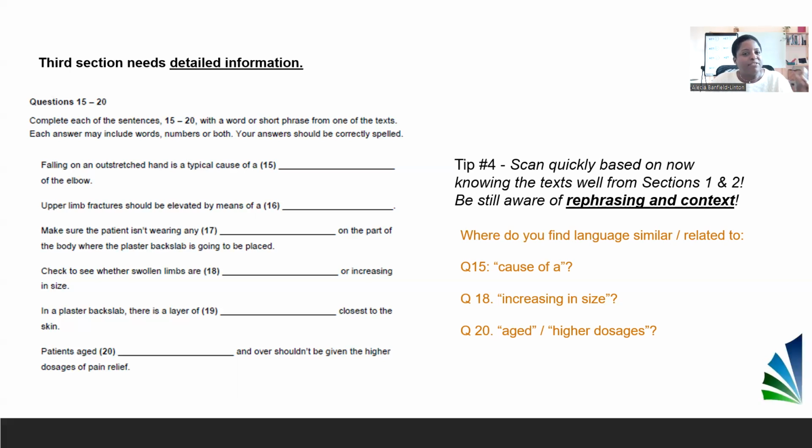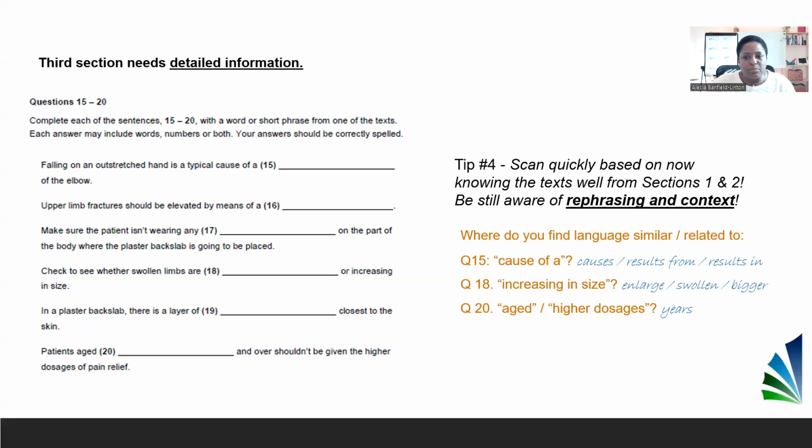Again, you're not definitely sure that's the language, but you're already priming your brain to look for those words. And the context is falling on a hand, causes, so we're going to look. So let's take a brief look. Oh, okay. Well, let's move on since we're here. Then we'll go back and do the question.